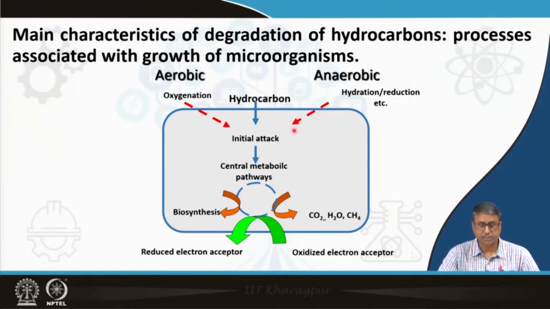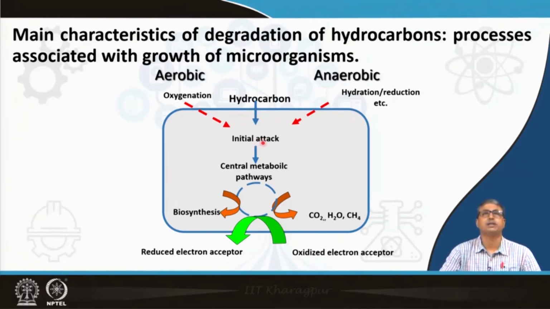Those reactions are called the initial attack on the molecule, because the hydrocarbon molecules are not readily available for the central metabolic pathways to be metabolized. So they need to be initially transformed into some forms in which they may be further metabolized or degraded. The initial attack prepares the molecule for the next stage of processes.